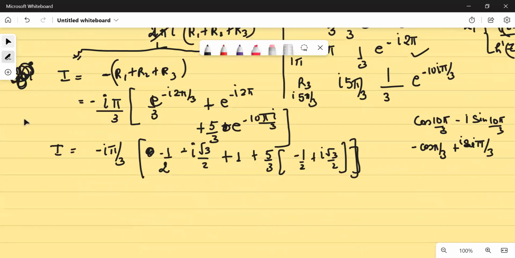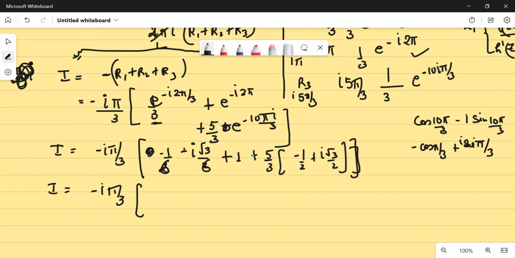So after all these things, I will write minus iota pi upon 3. You have minus 1 over 2 here. Okay, so there is a 3 here also. So this will be 6, and this will be again 6. Okay, sorry, I had forgotten this.